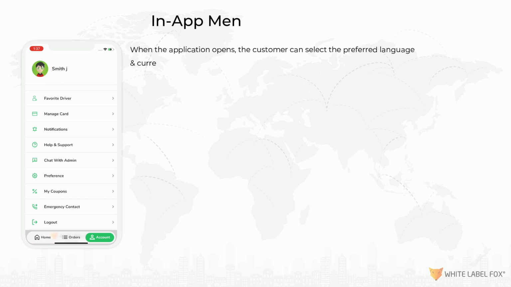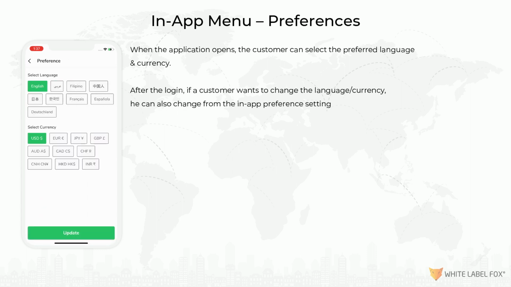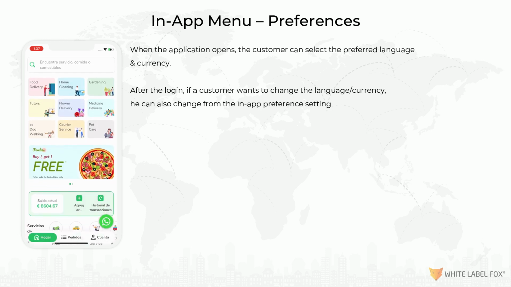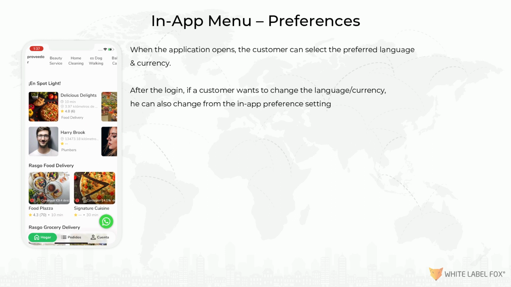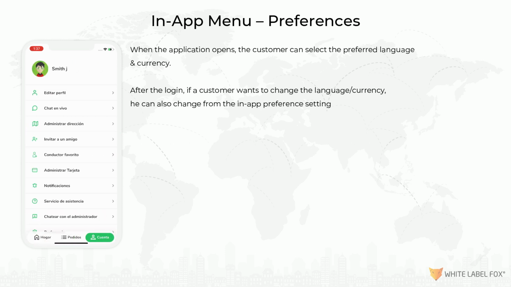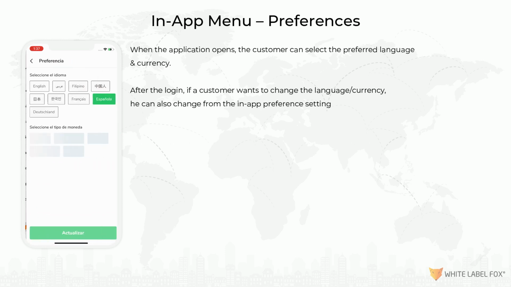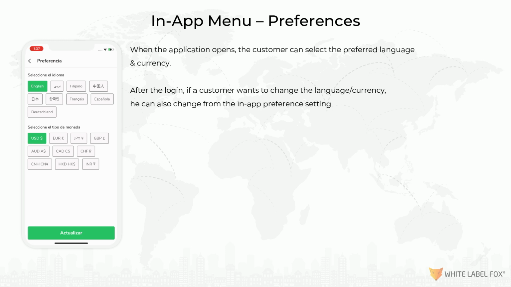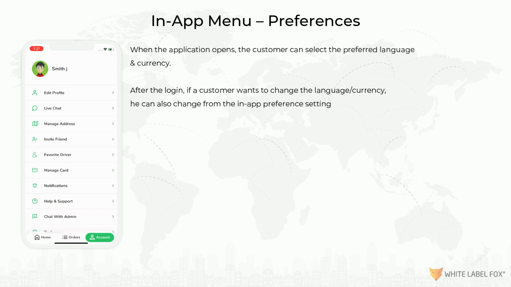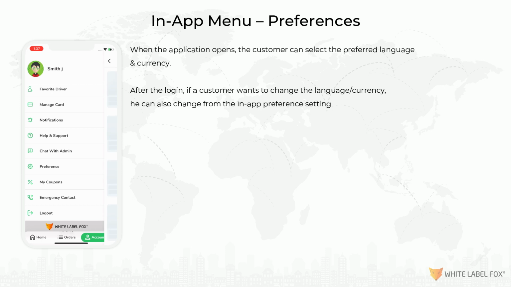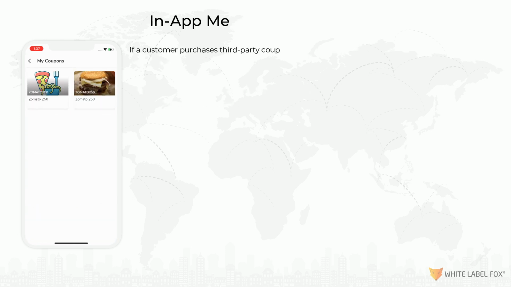In-app menu, preference. When the application opens, the customer can select the preferred language and currency. After the login, if a customer wants to change the language or currency, he can also change from the in-app preference setting. In-app menu, My Coupons.